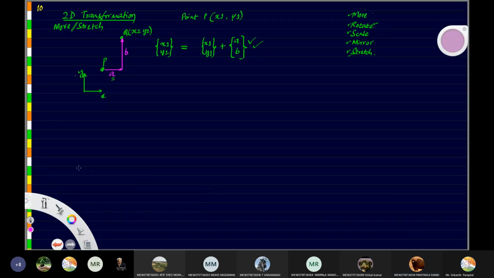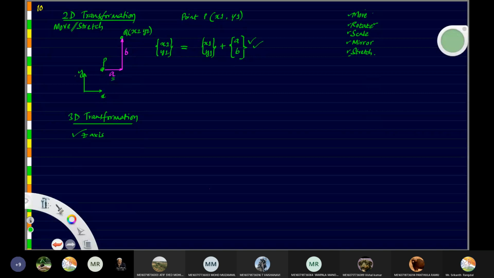So now we'll take up 3D transformations. How will the 3D transformation take place? Instead of just x and y, we will also have the z axis.